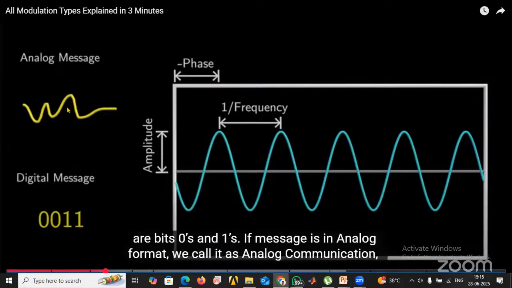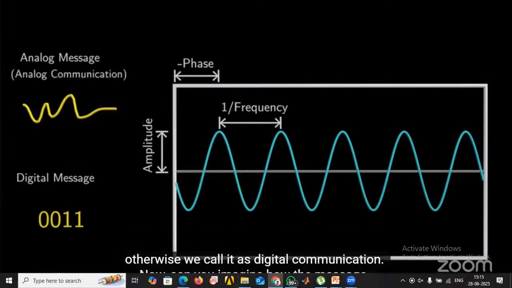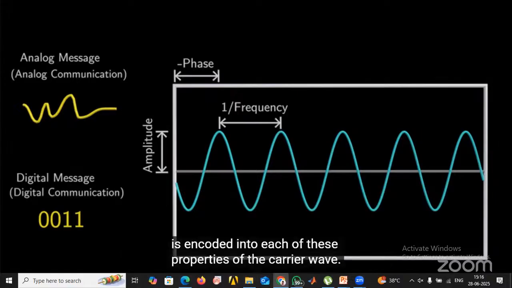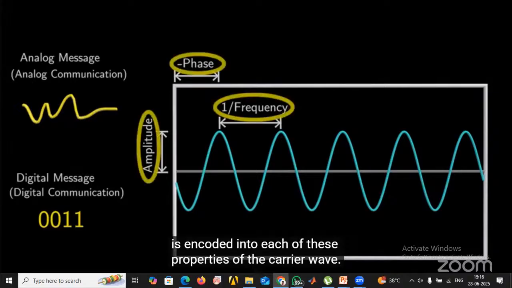A digital message is in 1s and 0s. If you are modulating an analog message, it is an analog communication system; if your message is digital, it is a digital communication system. Here the carrier is continuous. We have three types of modulation schemes: amplitude, phase, and frequency.